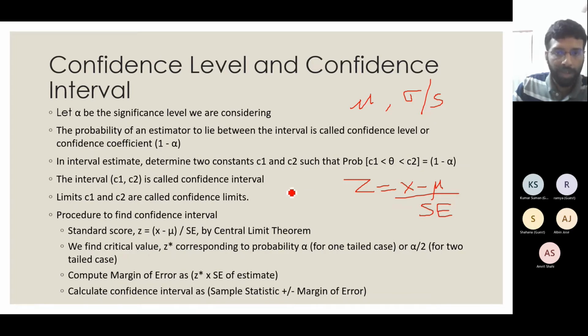The standard error in this case is sigma by root n for the normal distribution case, and even if it is not a normal distribution, if n is greater than 30, I can always take s by root n, the sample standard deviation by root n, as my standard error. That is my first step.